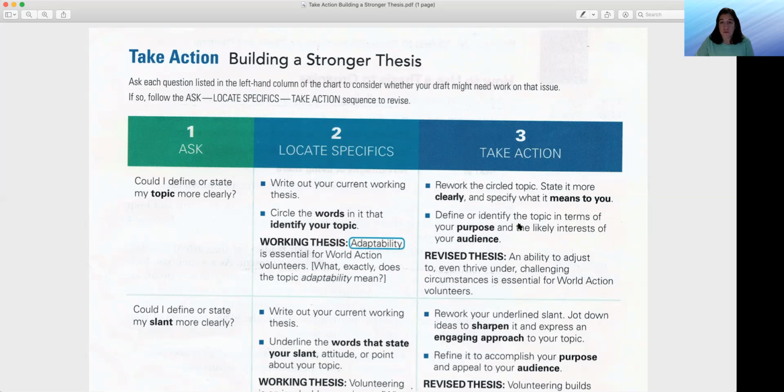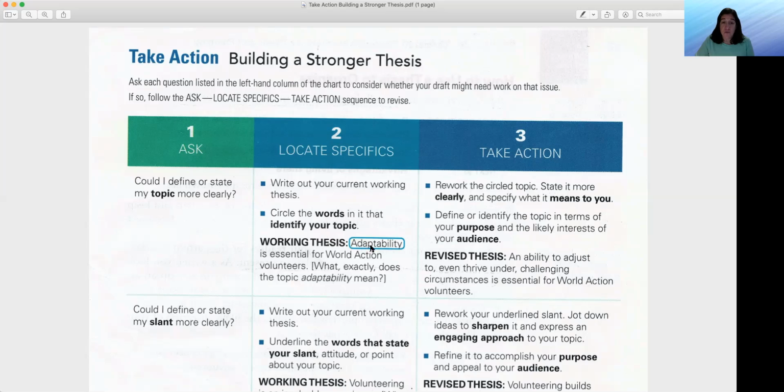So then we move over to take action. We're going to rework the circled topic. We'll state it more clearly and specify what it means to you. Define or identify the topic in terms of your purpose and the likely interests of your audience.